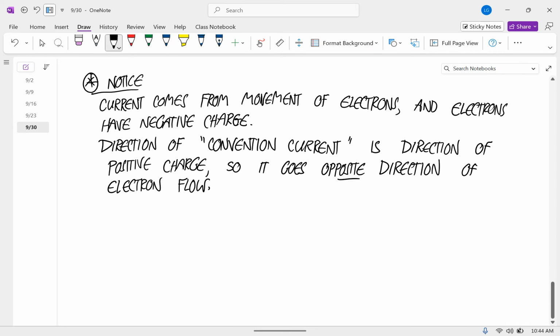Now the mathematical relationship between these things that I've brought up is called Ohm's law.